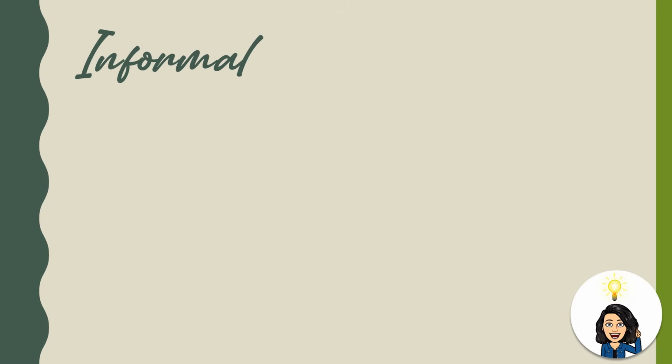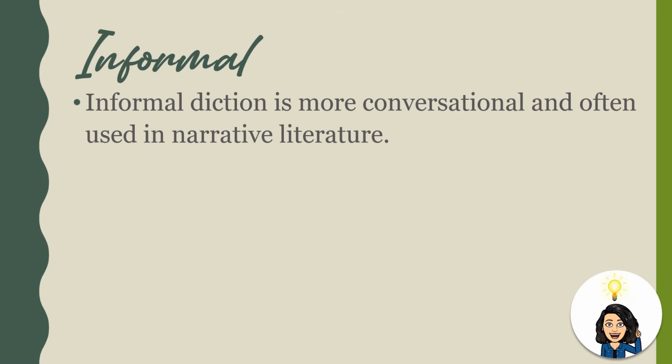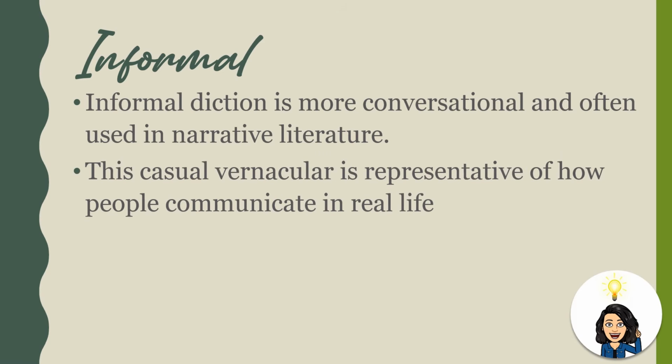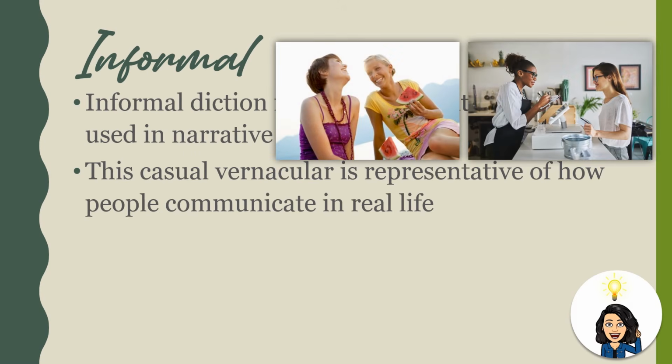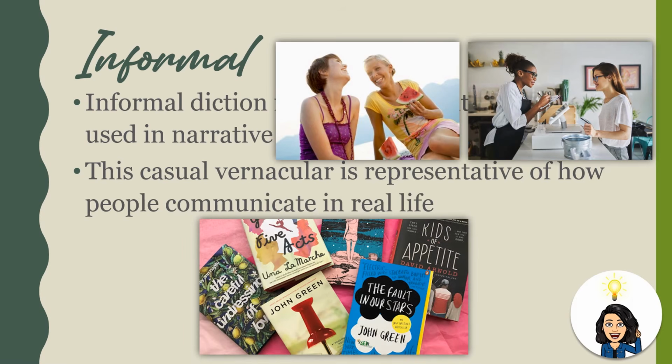Informal diction is more conversational and often used in narrative literature. This casual vernacular is representative of how people communicate in real life. Most stories and novels use informal diction.